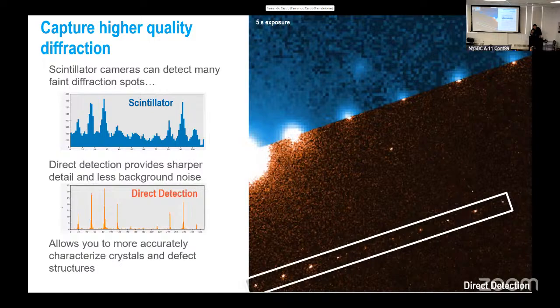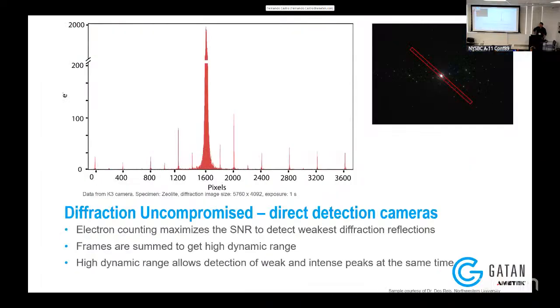And when we look at the direct detection camera, we see much darker spots, much brighter spots, much better signal to noise, both visually at the pattern and then looking at the line plot here. So it's a really big improvement in your ability to detect small, faint spots in a diffraction pattern that can be extremely critical for your experiment.